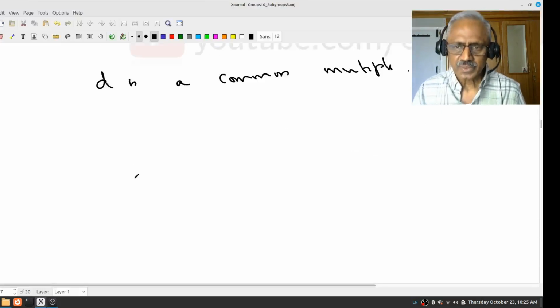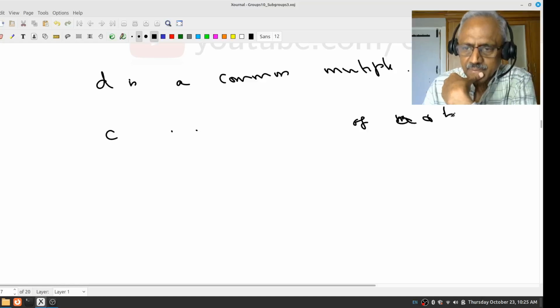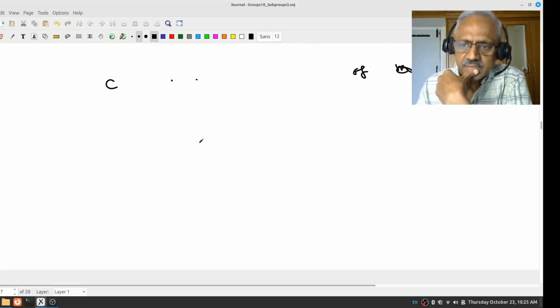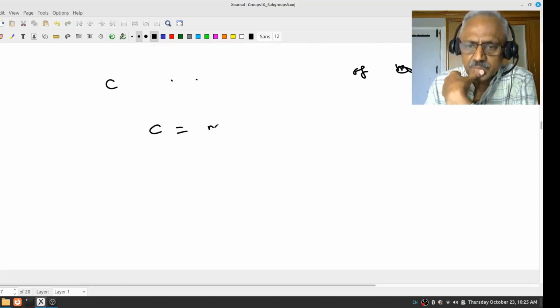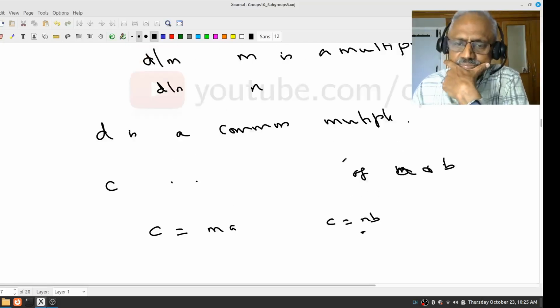Suppose now C is a common multiple of A and B. Therefore, C must be some M times A and C must also be N times B. Yes, it's a common multiple.